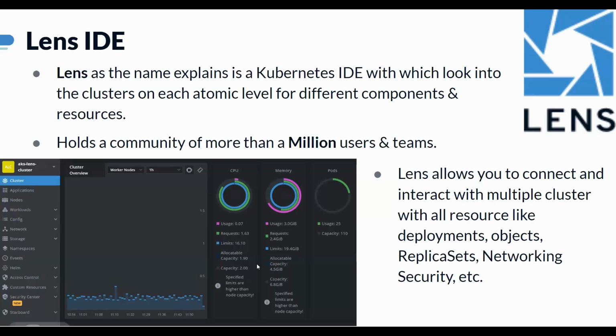So it's a beautiful interface where you can look into the clusters or application part, with the whole CPU and memory usage, or the pods usage, the whole limit and request at the moment, as well as the traffic and the whole status of our resources at different time zones.